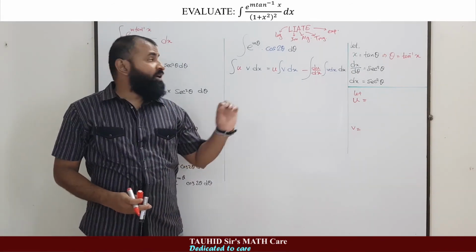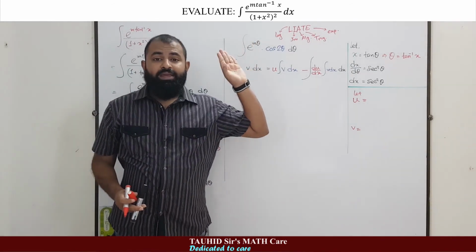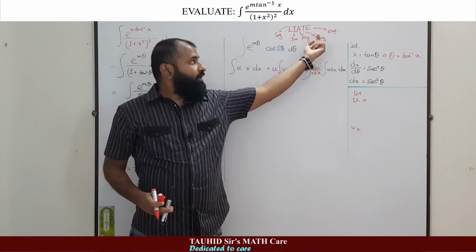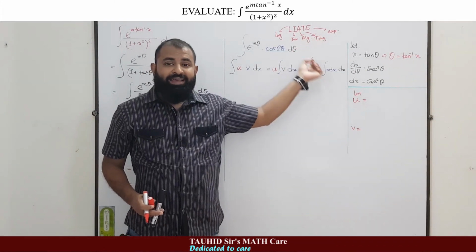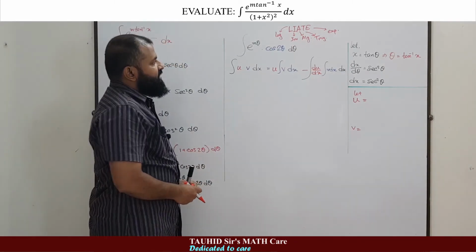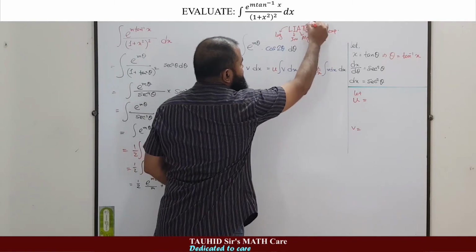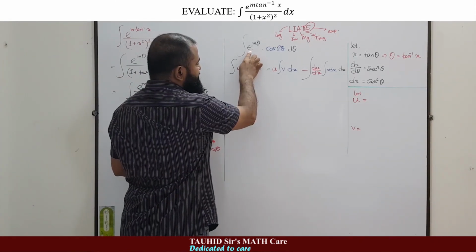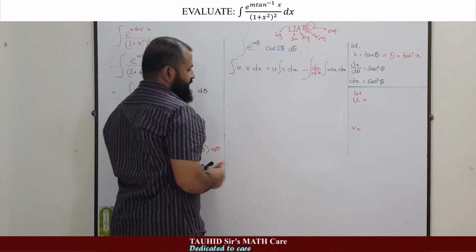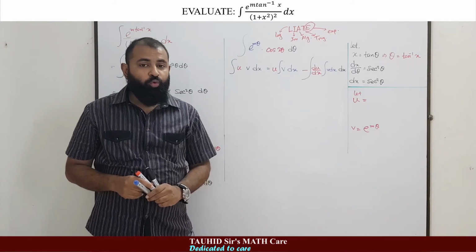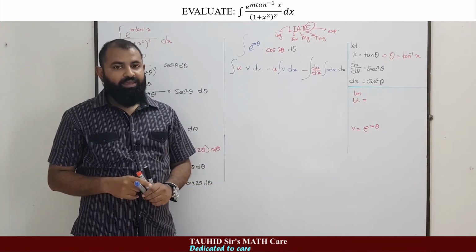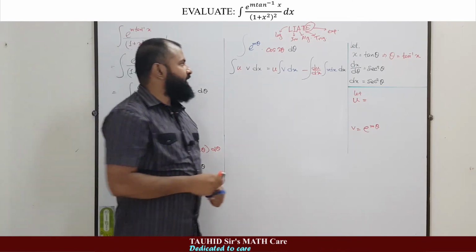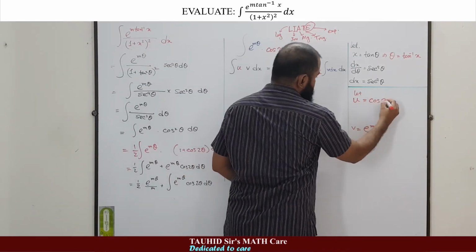The function that will come earlier will be assumed as u, and the function that is later in the series we will assume that as v. For this reason, exponential is always assumed as v. So we will assume this e to the power m theta as v. And if we take one as v, the other one will automatically be taken as u. Therefore, cos 2 theta is u.